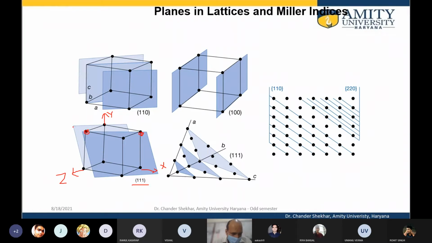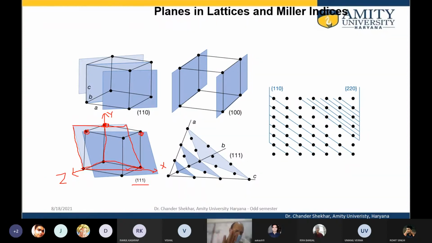If I look at this plane, which is just behind the main one, it is intersecting at this point. The intercept along the y-axis is 1 unit, along the x-axis again 1, and along z again 1.